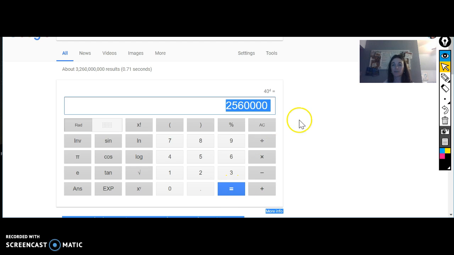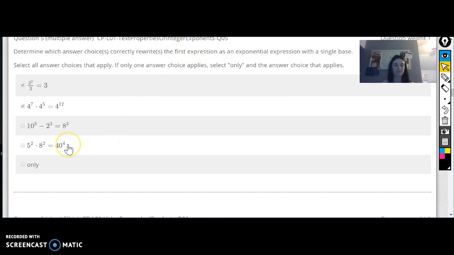No, it's nowhere near. So I know for sure, again, that that one doesn't work either. But I already should have known that because the bases weren't the same. So multiplying those bases together wouldn't work either. We can't combine them that way.